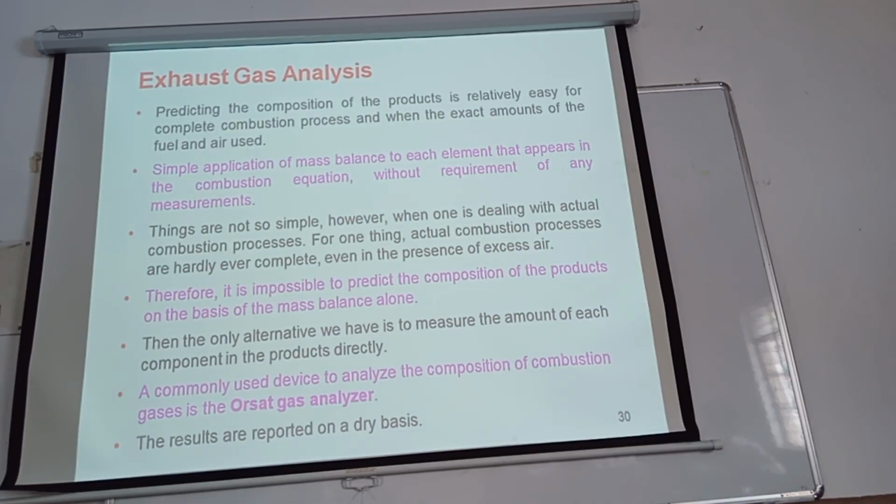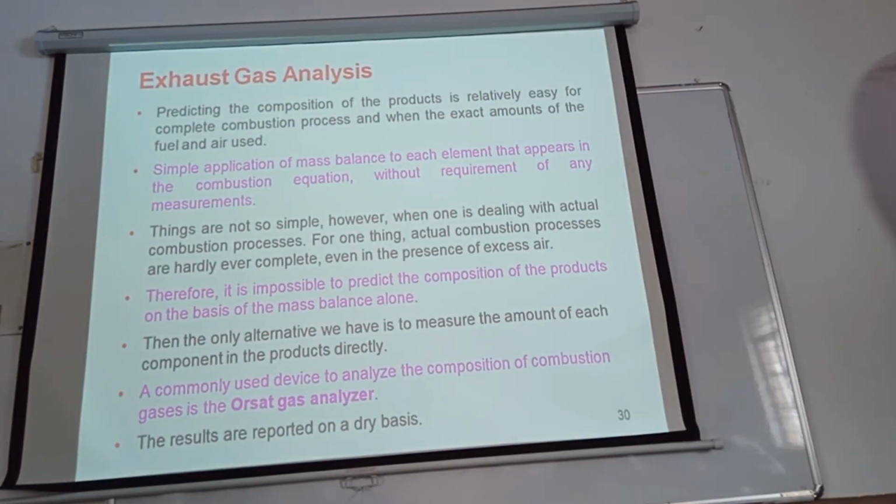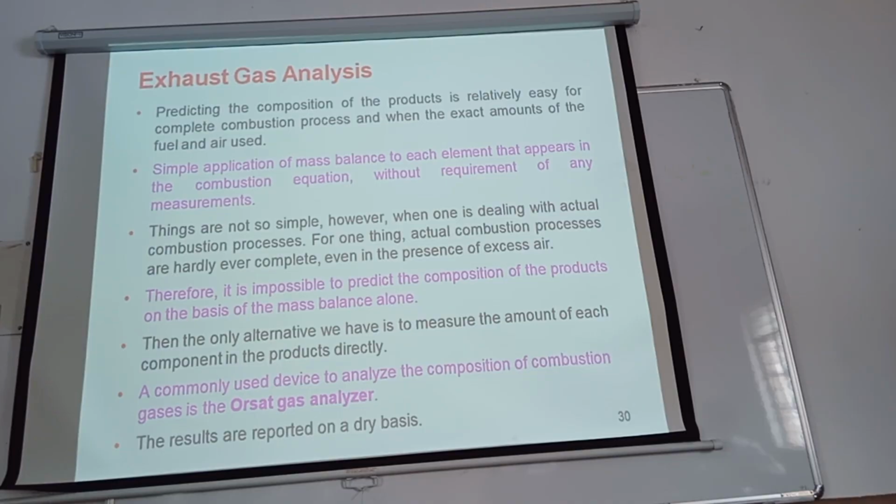At that time it is not easy to predict. You do not know how many components are there, so how can you write the chemical balance equation? If you do not know the complete reaction, you will not be able to balance it, because if you do not know how much is CO2 and how much is CO, you cannot write it.